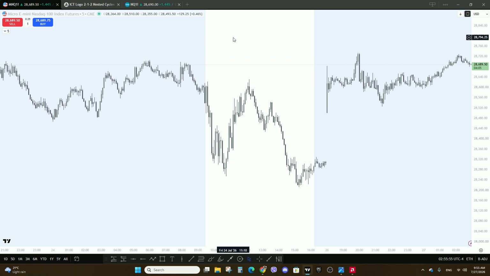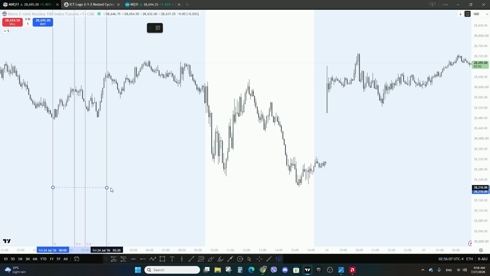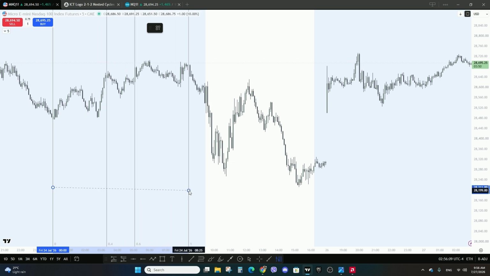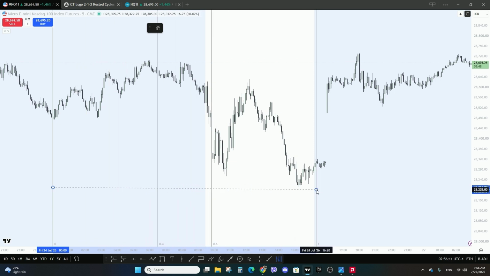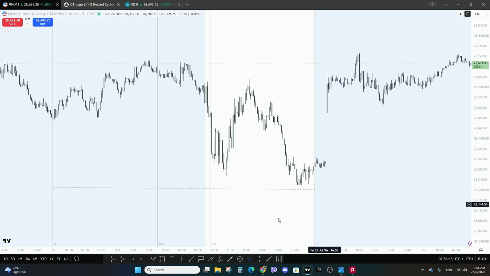You guessed it right, it's midnight open. So what I did is I drew this Fibonacci time-based sequence from midnight open all the way until 4:15 when the stock market closes.